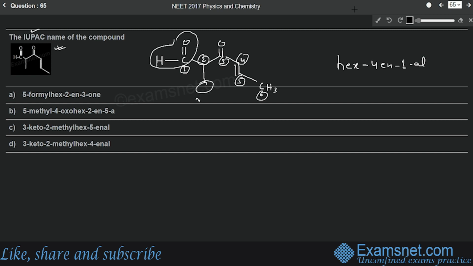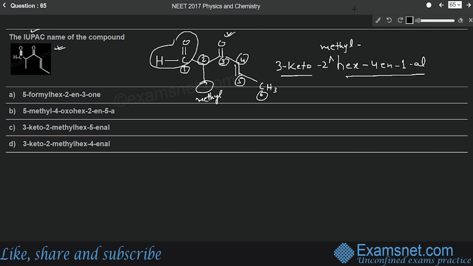And at the third position we have a keto group. So if we write alphabetically, first keto group will come and then methyl group. So first we'll write 3-keto and then 2-methyl. So we'll be writing 3-keto-2-methylhex-4-en-1-al.